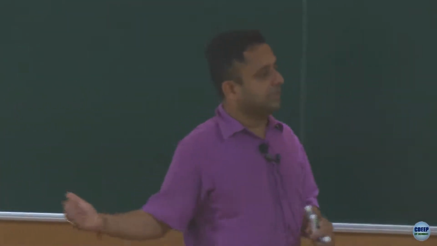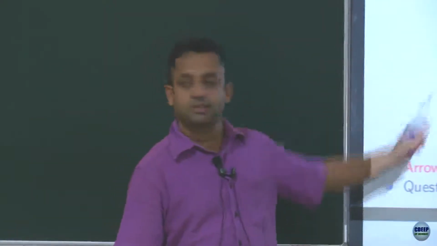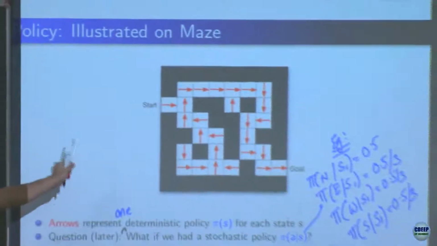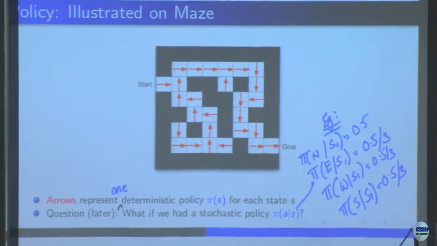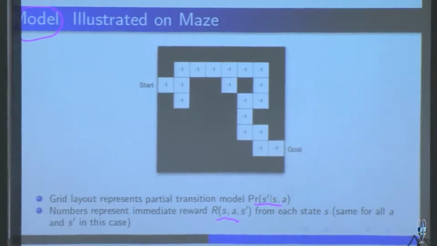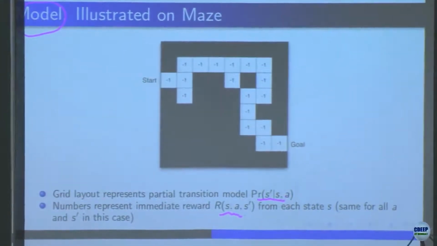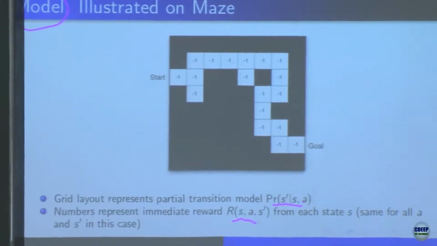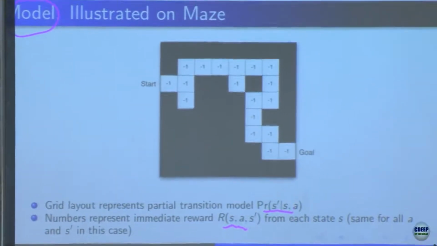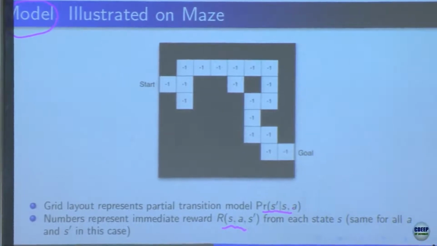And as you can see, just to contrast this picture with the previous one, the previous one had a lot more white spaces, whereas here you are looking at the partial transition model, whatever my understanding of the model so far is, in terms of where I am located. So this is one possible representation, one possible set of probabilistic values associated with the model, and the reward.